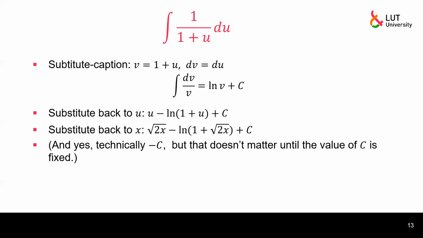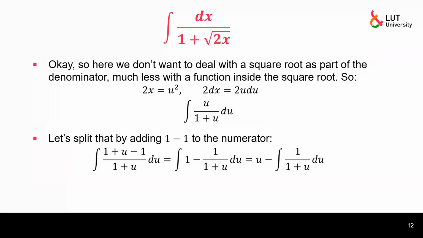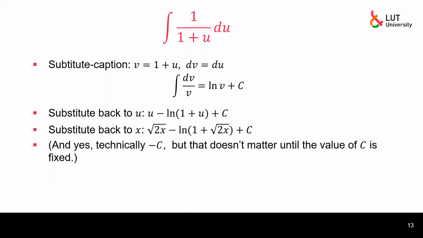We got the u that was already there from the previous integral, so u minus the natural logarithm of 1 plus u, and then we substitute back what x was. If we had the x substitution of 2x is u squared, then u is the square root of 2x. Let's substitute that back. So the square root of 2x minus the natural log of 1 plus the square root of 2x, plus c. And we might notice that the plus c might actually change value a few times.